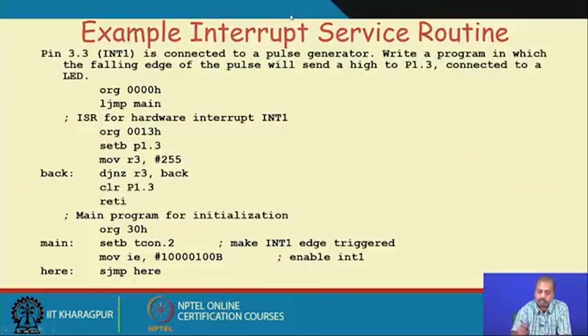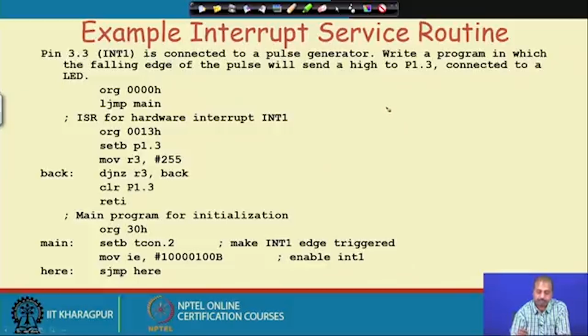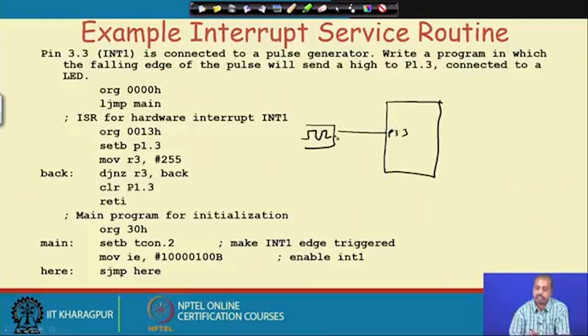This P3.3 is connected to a pulse generator that can generate this type of pulses, and the falling edge of the pulse will send high to P1.3.